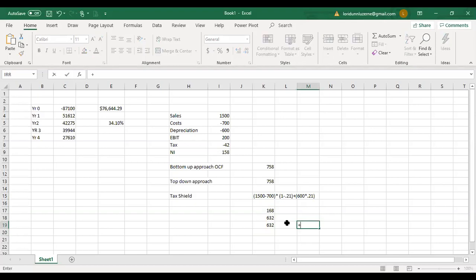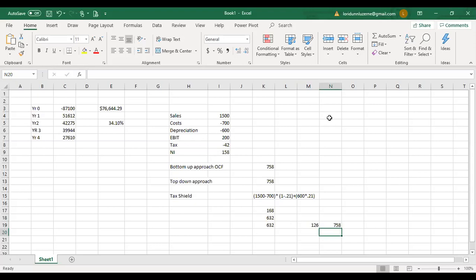So if we take our depreciation times 0.21, we have an additional tax savings or cash flow because we're not going to pay $126 in taxes. So how much is our ultimate cash flow? The $632 we keep after paying tax on the 800 plus the 126 we save in taxes, or $758.